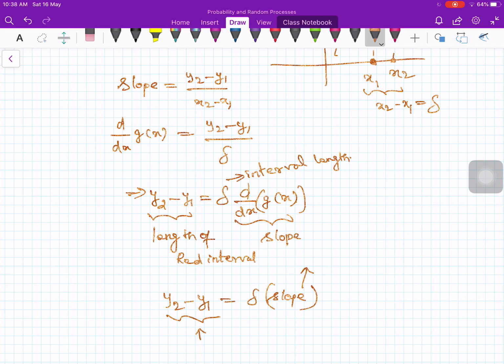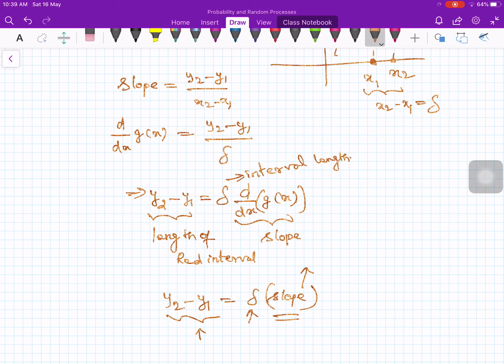When you take an interval of x of a certain fixed length delta, the slope is multiplied by the interval length, delta, to give you the length of the red interval. Therefore the length of the red interval is delta times the slope of your function. Therefore the probability of the red interval is going to be the density of y times the length of the interval that we are considering.